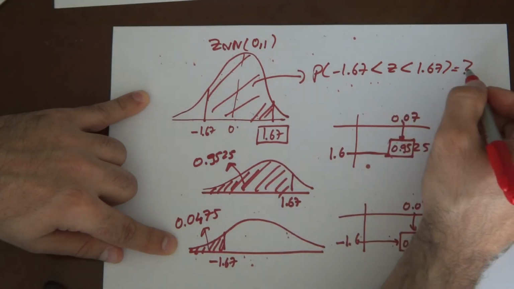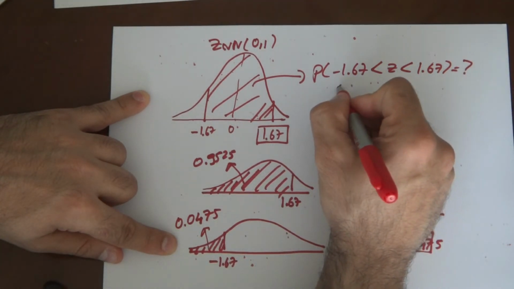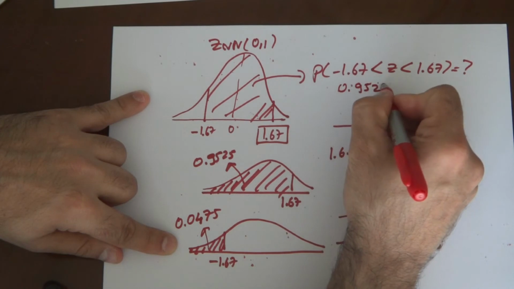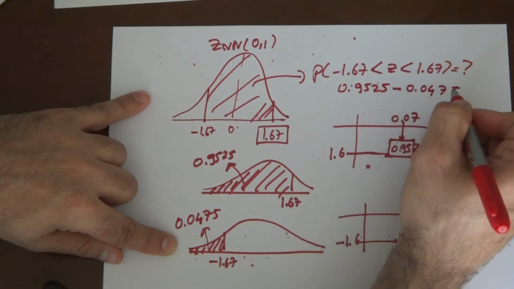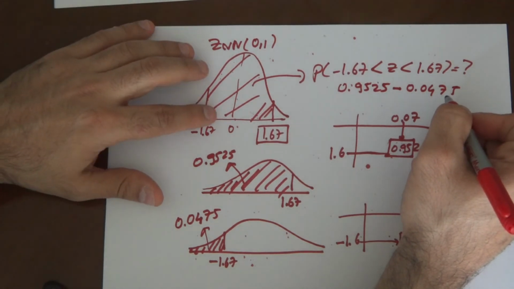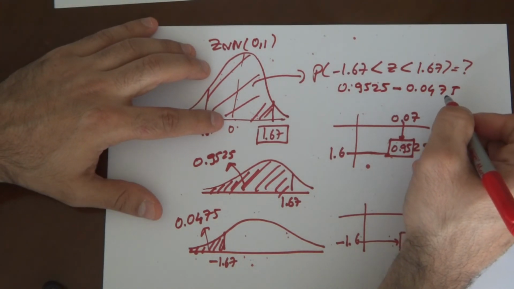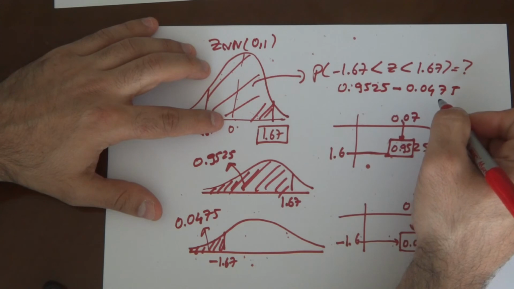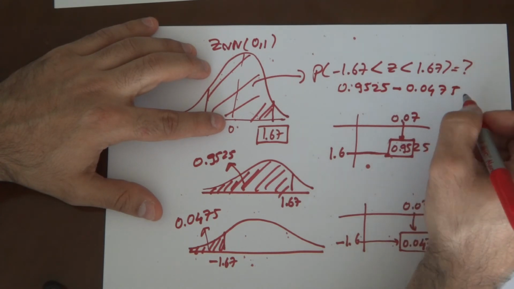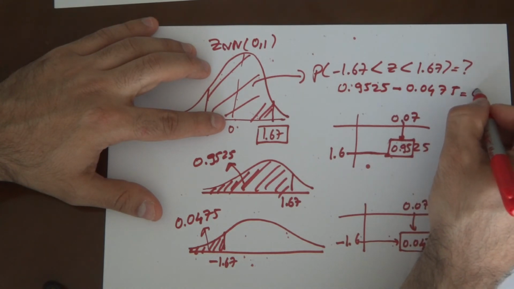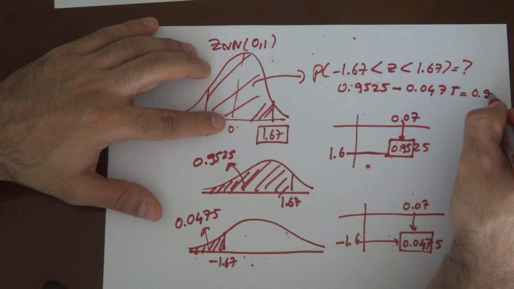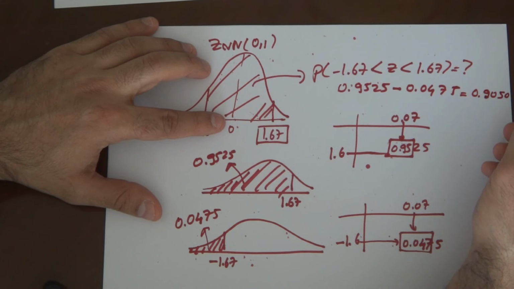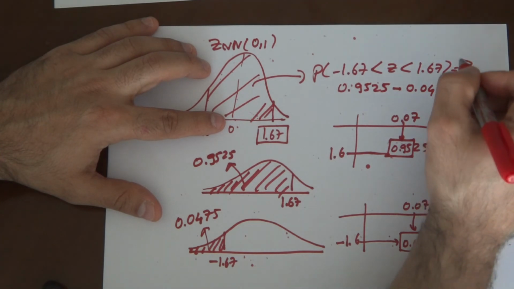So the answer of this question will be 0.9525 minus 0.0475. If you take the difference, it is 0.9050.